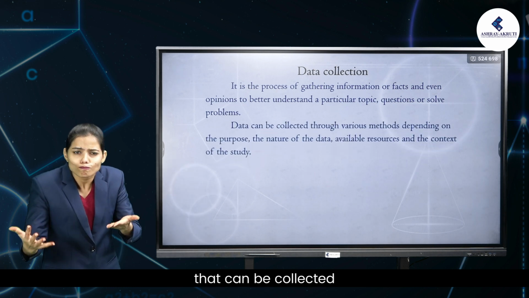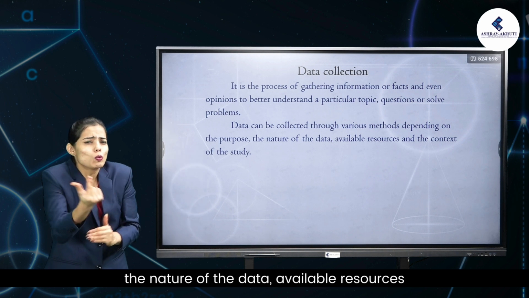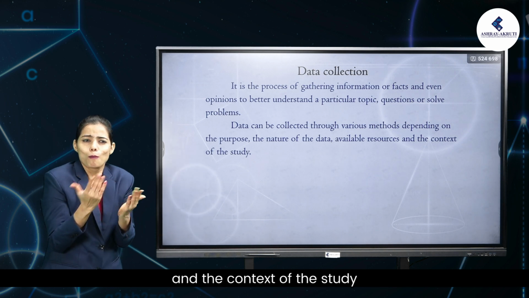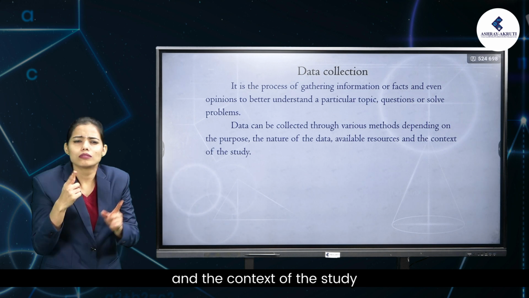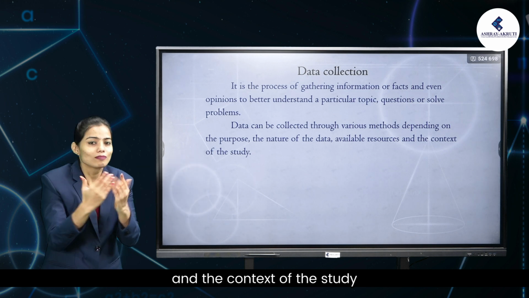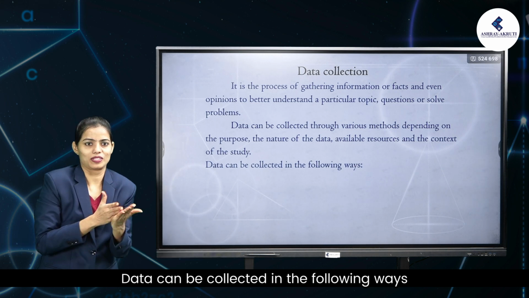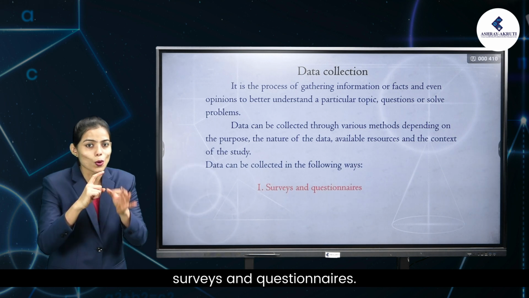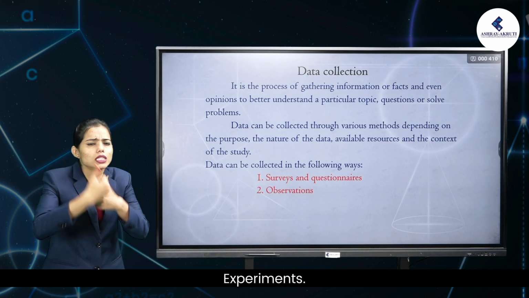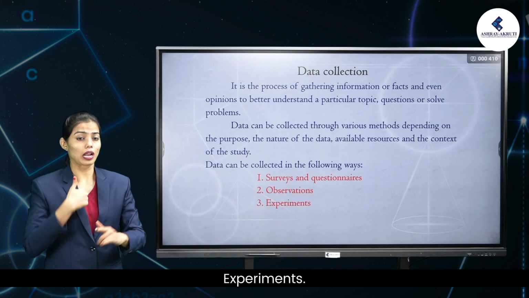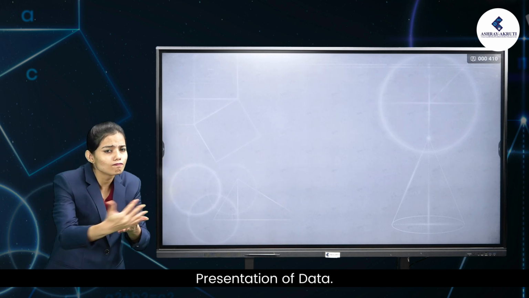Data can be collected through various methods depending on the purpose, the nature of the data available, resources, and the context of the study. Data can be collected in the following ways: surveys and questionnaires, observation, experiments, interviews, sampling.